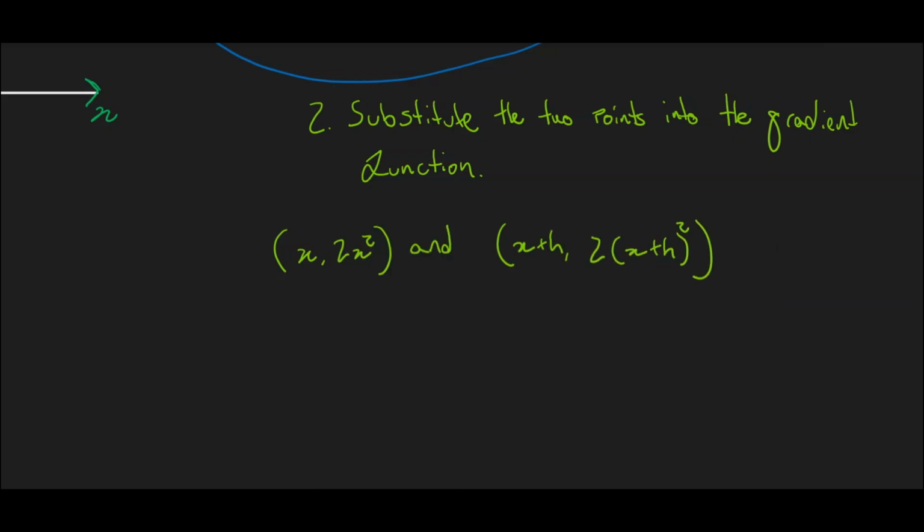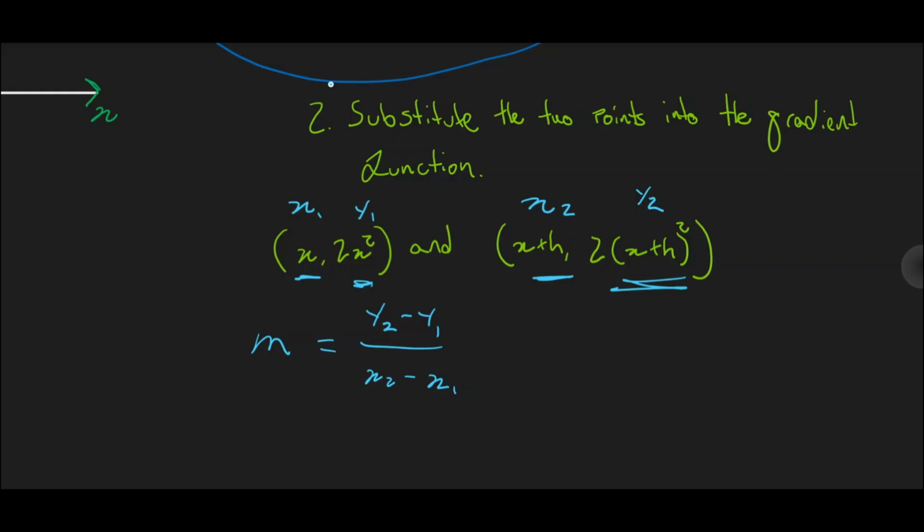Okay, so if we remember that gradient m equals y2 minus y1 over x2 minus x1. We have a y2 and we have an x2 and we have an x1 and we have a y1.